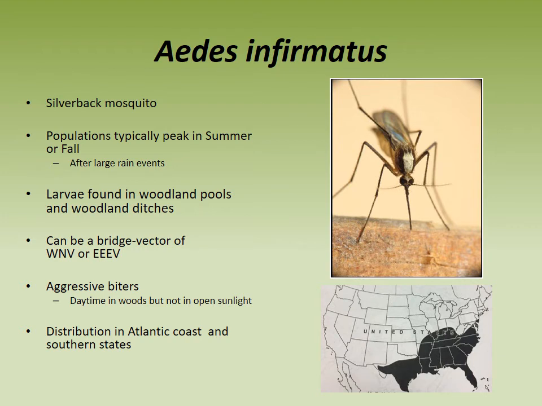They can be aggressive biters. I feel like their behavior is very similar to atlanticus. You're out there in the woods. When you're in the woods, they can come and attack you. As soon as you run out of the woods, they kind of stop at that border. And then distribution in the U.S. very similar as well.